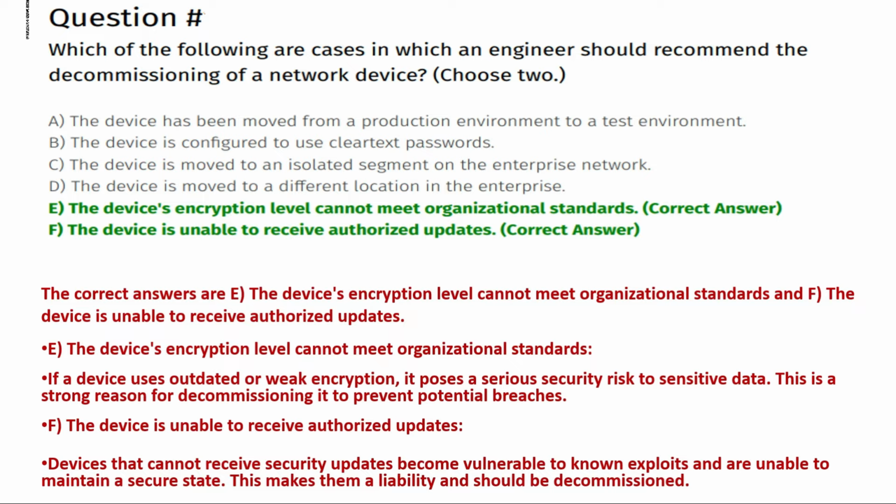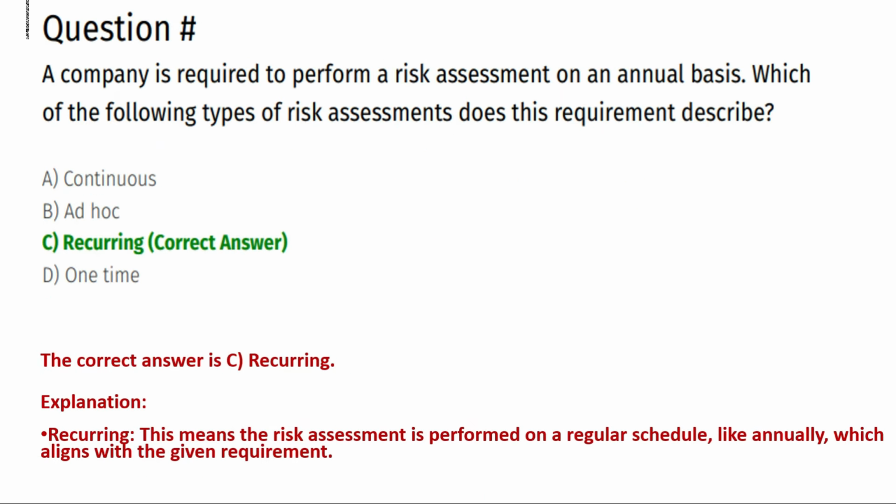And the device is unable to receive authorized updates. That means devices that cannot receive security updates become vulnerable to known exploits and are unable to maintain a secure state. This makes them a liability and they should be decommissioned. So that's why the correct answer for this question is option E and F. So let's move to the next question.